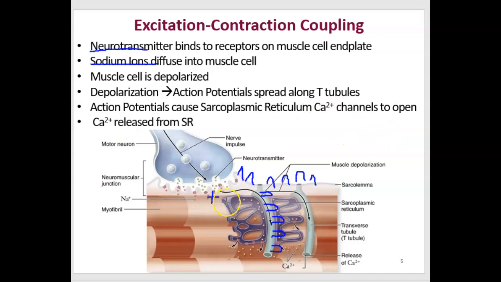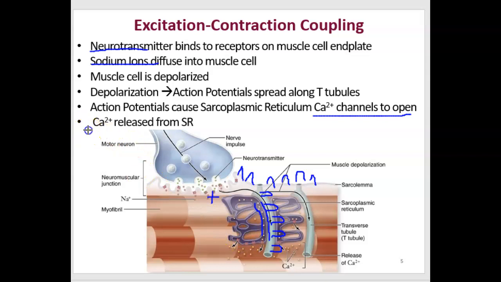This depolarization causes calcium channels to open in the terminal cisterna. So the terminal cisterna, right adjacent to the T-tubule, has calcium channels that sense that change in voltage, and they open.